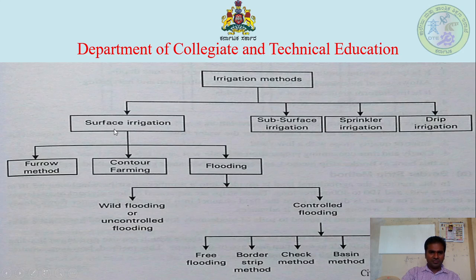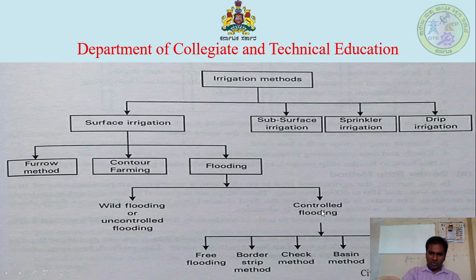Surface irrigation can be further classified into three: furrow irrigation, contour irrigation and flooding irrigation. Flooding irrigation can be further classified into two types: wild flooding or uncontrolled flooding irrigation, and controlled flooding irrigation.